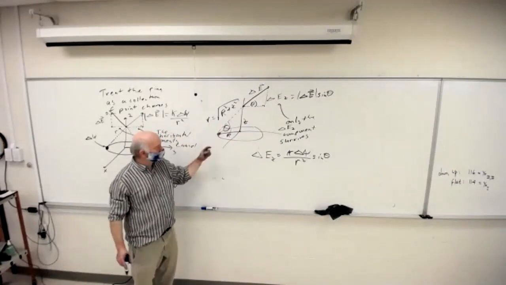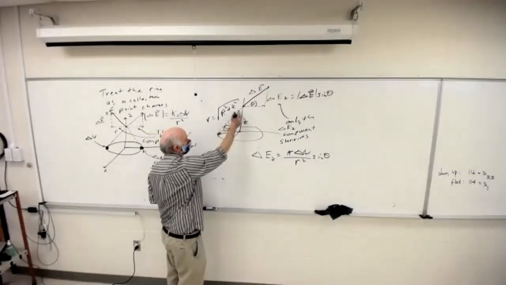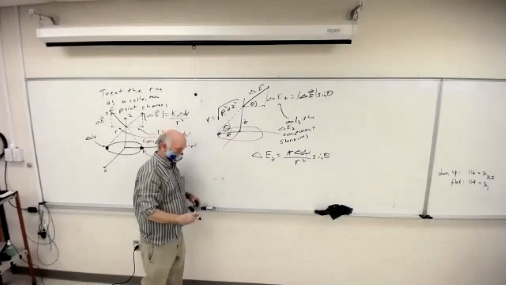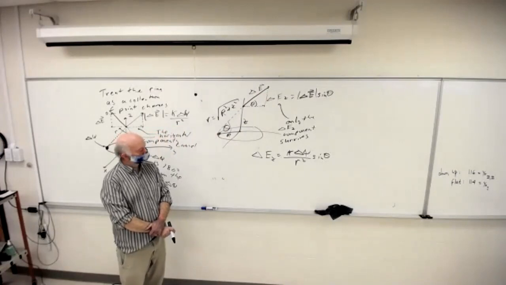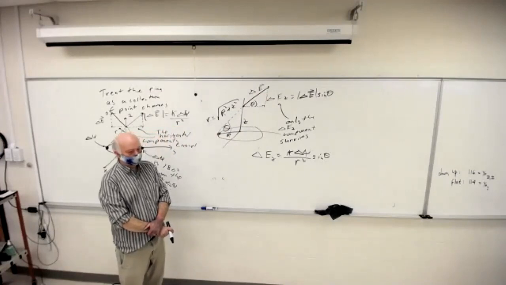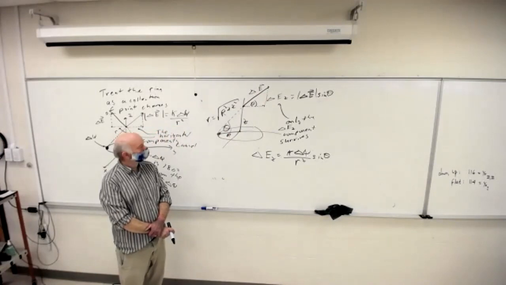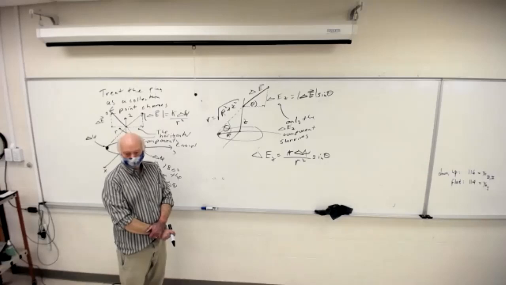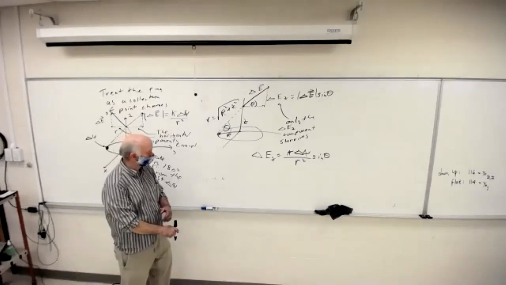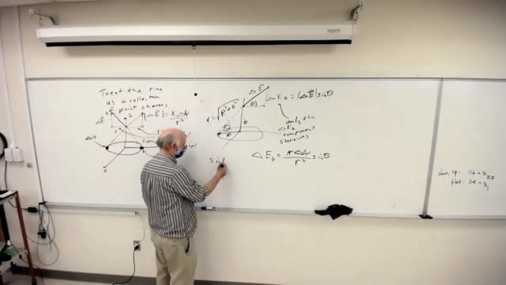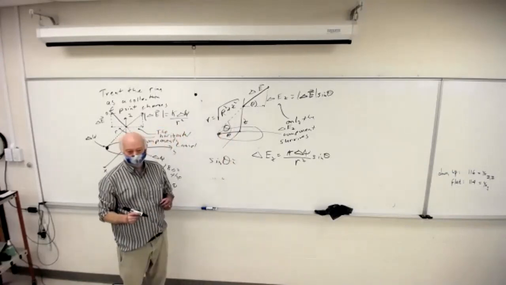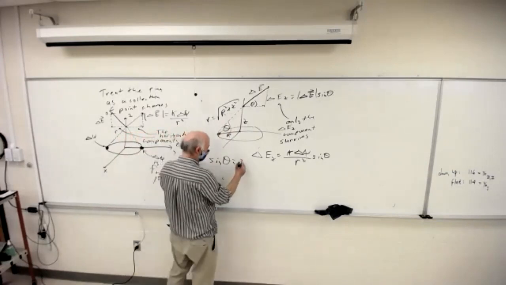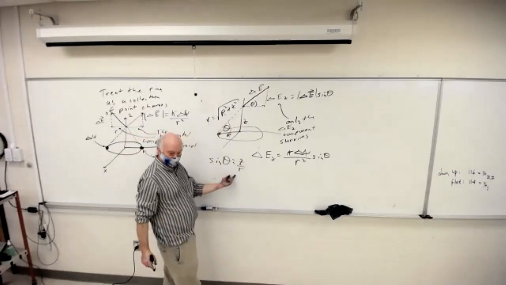So what is the sine of theta here, if you look at this triangle? Z over the square root of R squared plus z squared, which is little r.